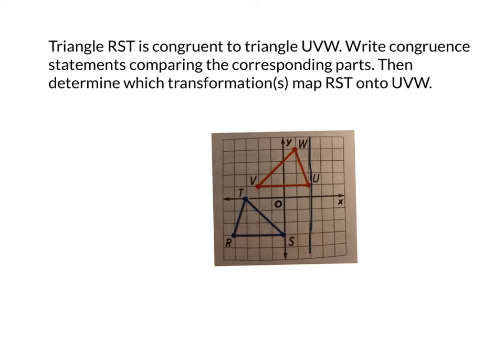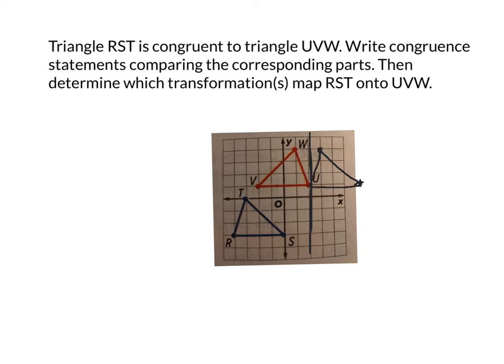So I am going to reflect my triangle UVW so that it's flipped and it will look just like my triangle RST. So again, if I am reflecting over this line, I am going to count 1, 2, 3, 4, and draw my reflected shape.